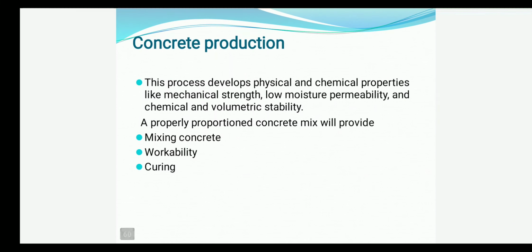Now let us go to the concrete production. This process develops physical and chemical properties like mechanical strength, low moisture permeability, and chemical and volumetric stability. A properly proportioned concrete mix will provide mixing concrete, workability, curing.